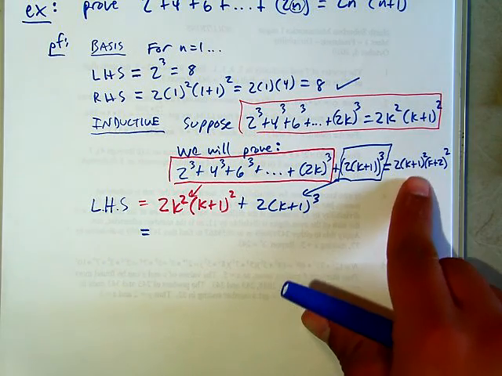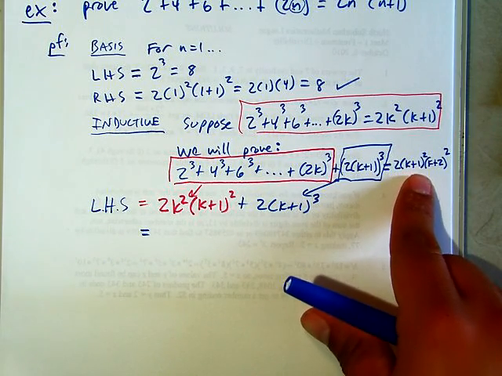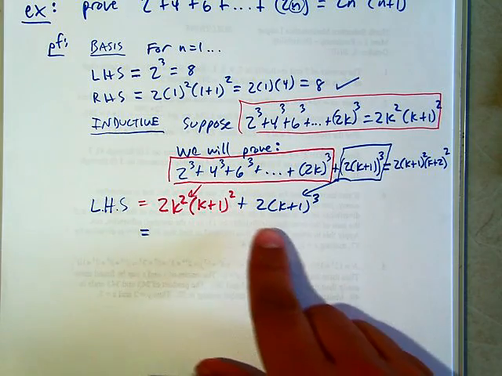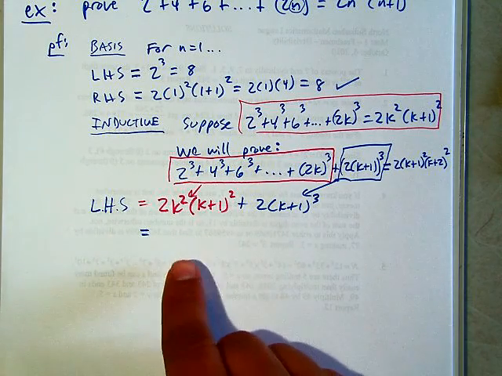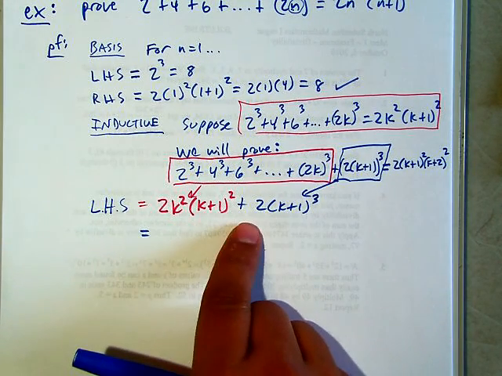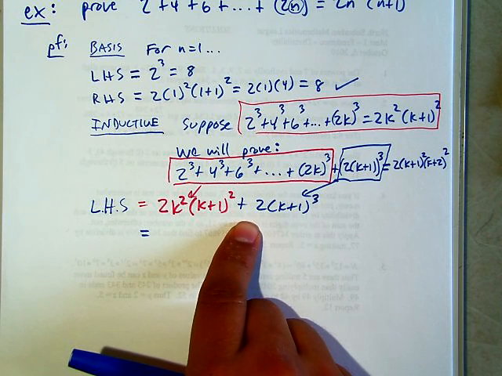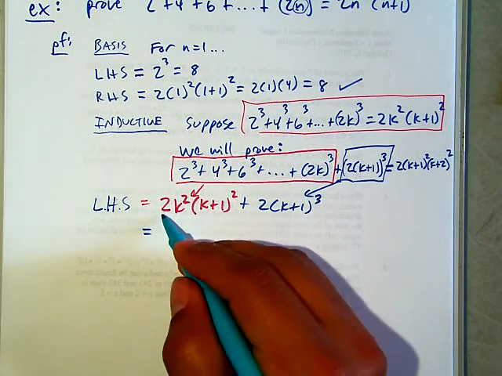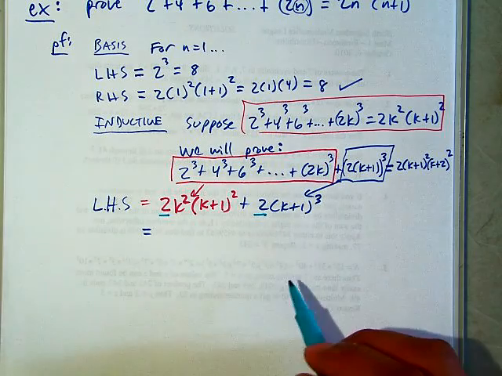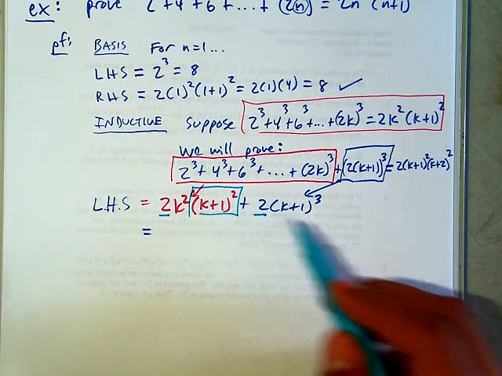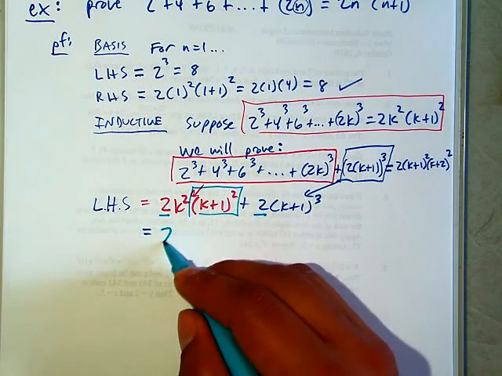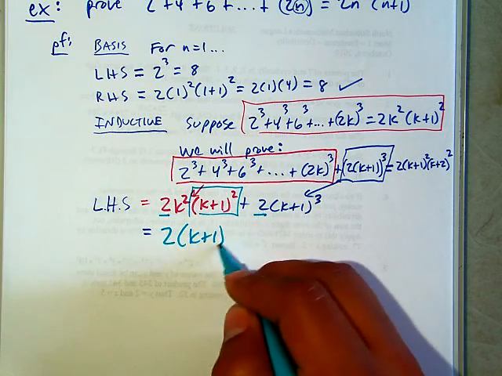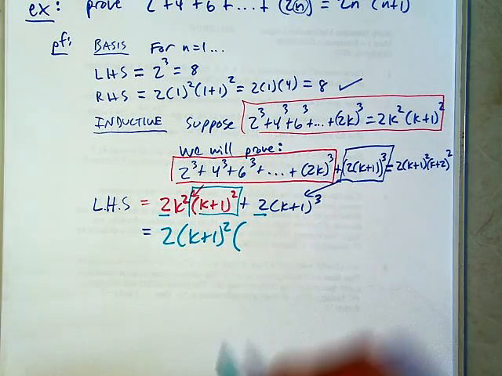You see how on the right side everything's factored? So a good idea here would be to factor it. Don't bother multiplying this out, because it's already factored a little bit. What can we do? Do you see anything in common? You can take a 2 out. What else? K plus 1. A k plus 1 squared comes out. So 2 times k plus 1 squared gets pulled out as a GCF.